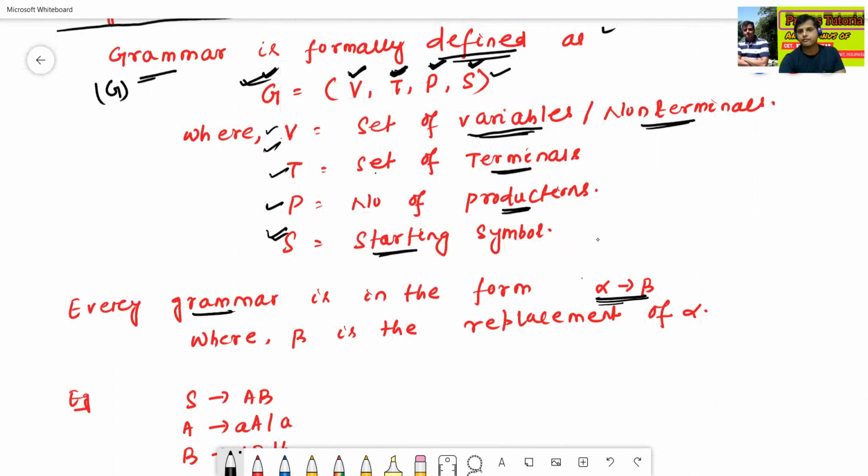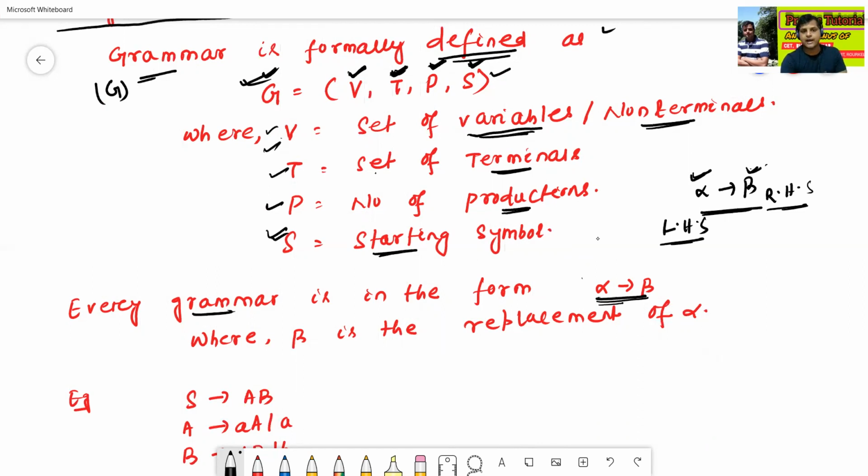Alpha is called the LHS part, meaning left hand side, and beta is called the RHS part, meaning right hand side.